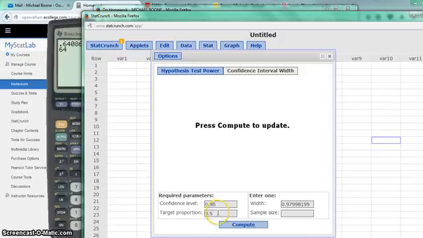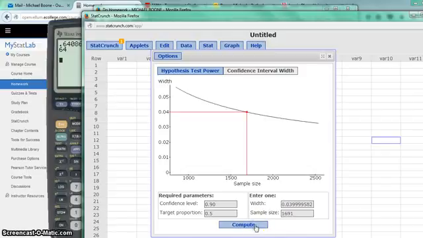We're going to keep this at 0.5. Now our width, so that's plus or minus our margin of error. So if we're within 2 percentage points, that means 2 percentage points to the left and 2 percentage points to the right. So the width of that would be 0.04, 0.02 to the left, 0.02 to the right. And then we will find our sample size. It'll just give it to us, 1691.